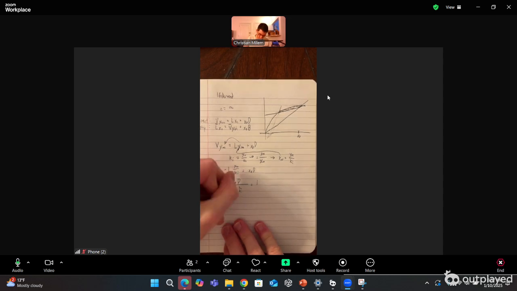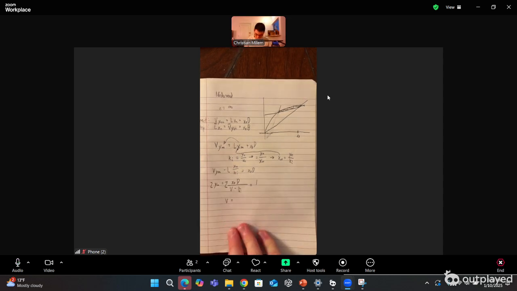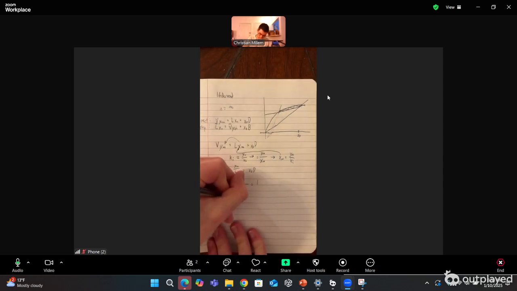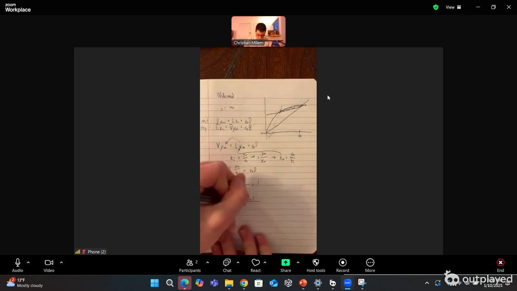So we have v times the summation of xd times d over v minus lki.